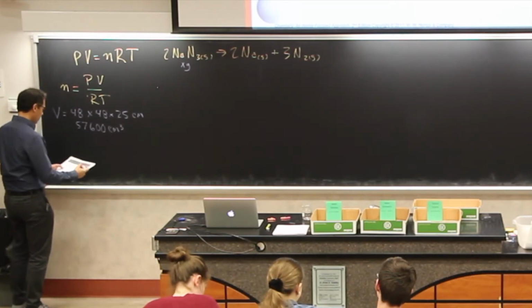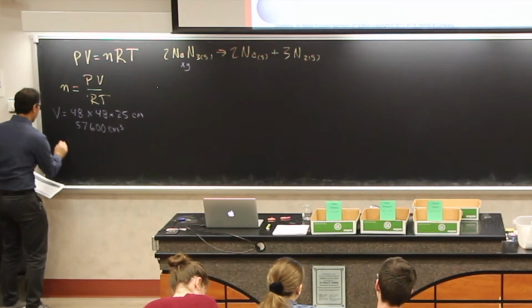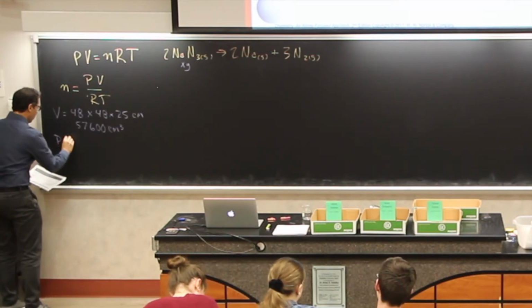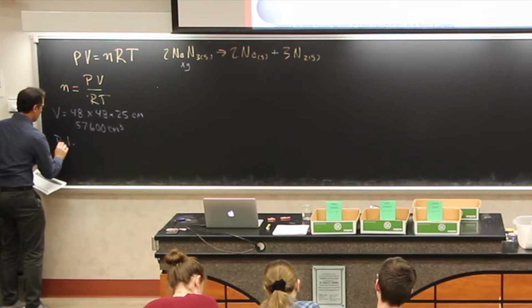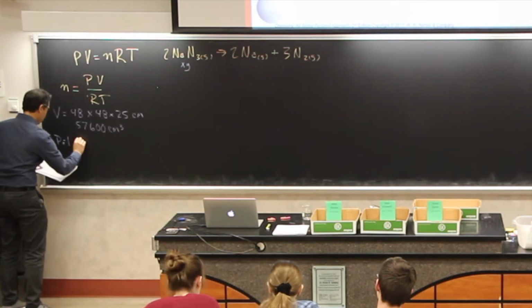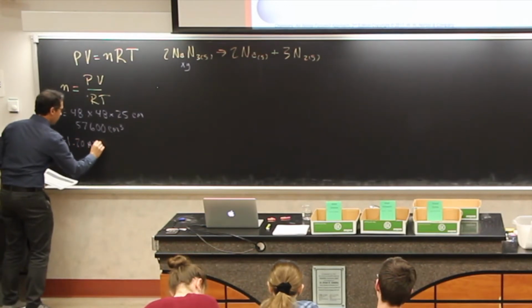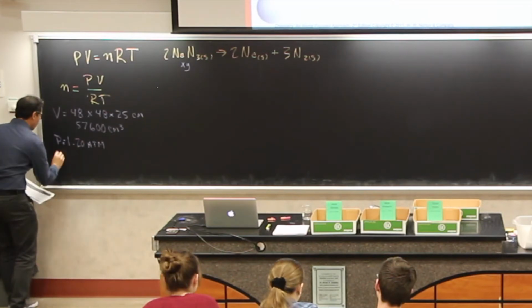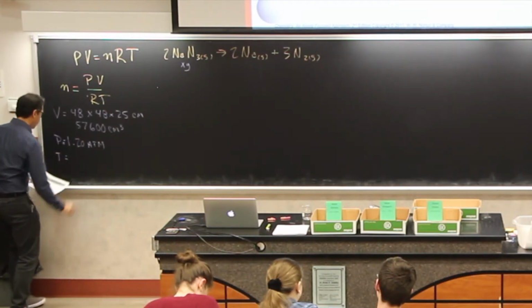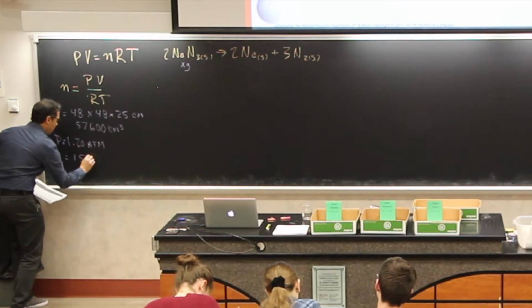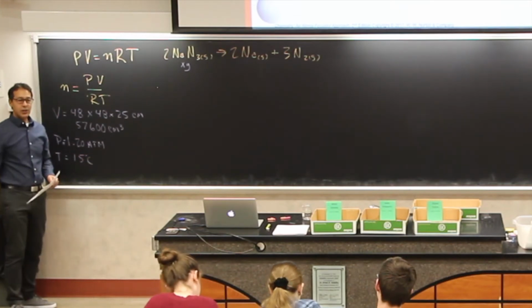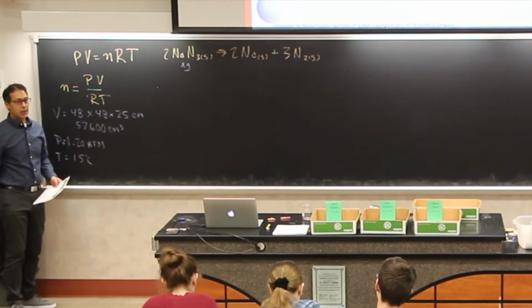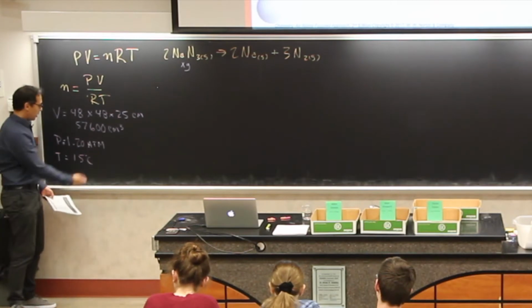And what else does it give us? It gives us pressure, and it says that pressure is 1.20 atmospheres. And then we have temperature is equal to 15 degrees Celsius. But as much as we love Celsius, we're not going to use Celsius.